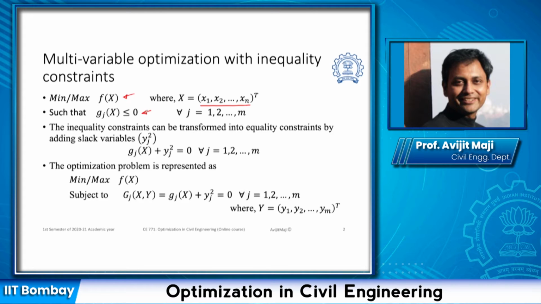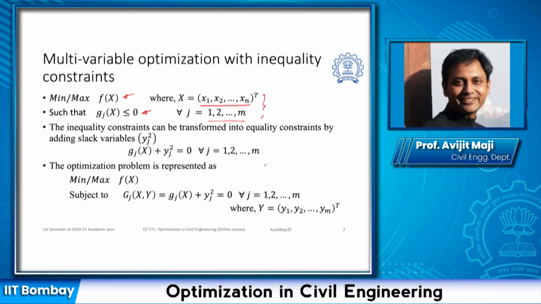These are the inequality constraints, with the constraint index between 1 and m. So this is what a multivariable optimization problem looks like with inequality constraints.